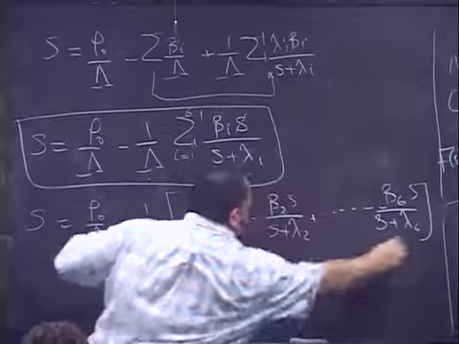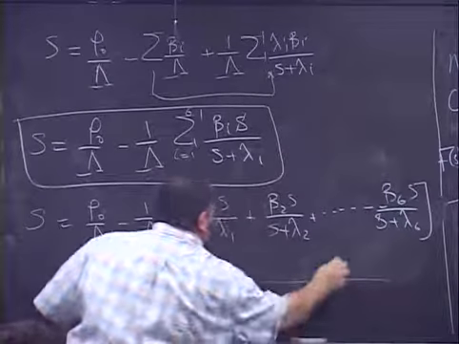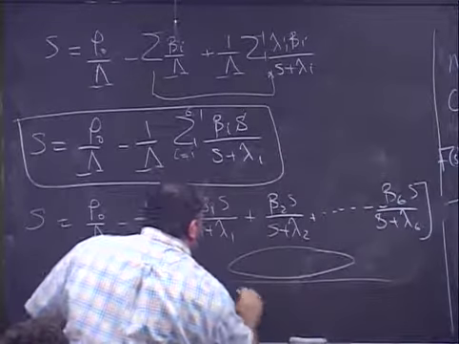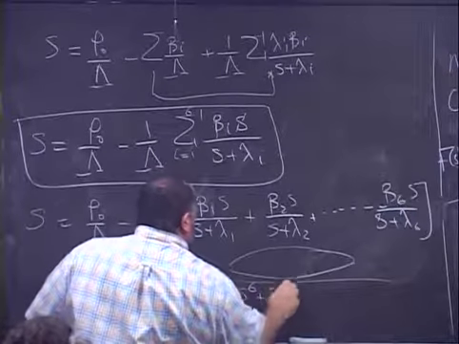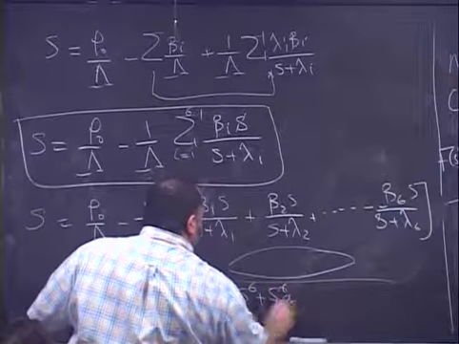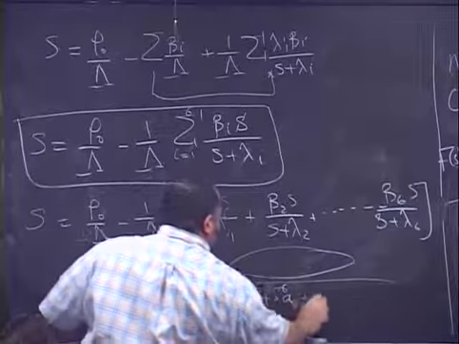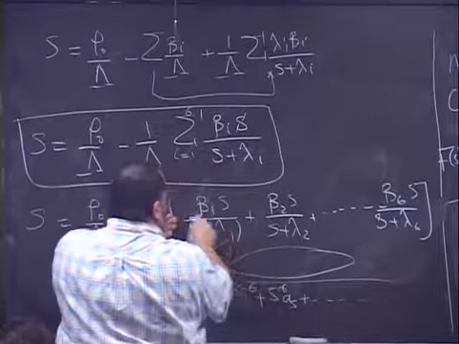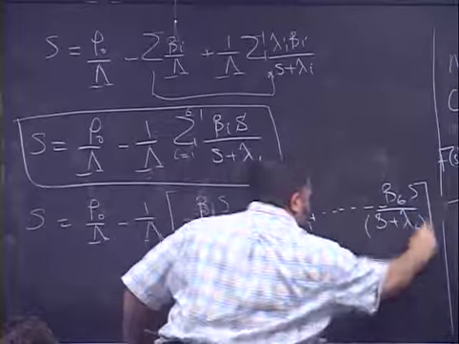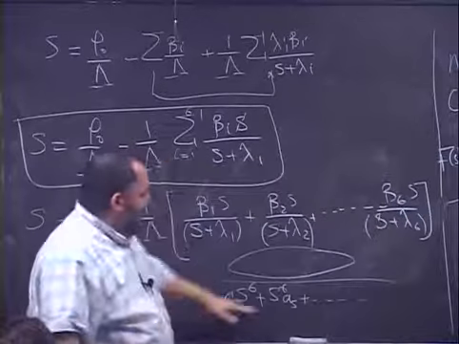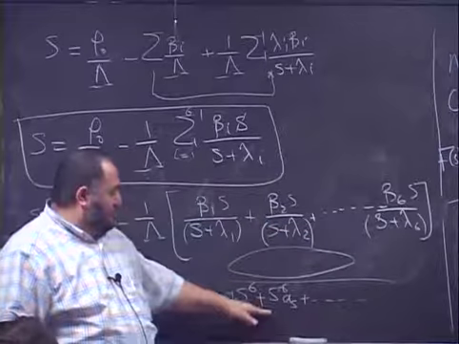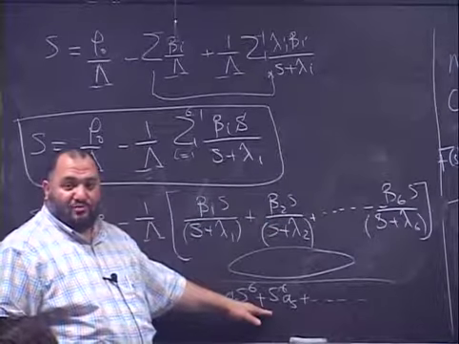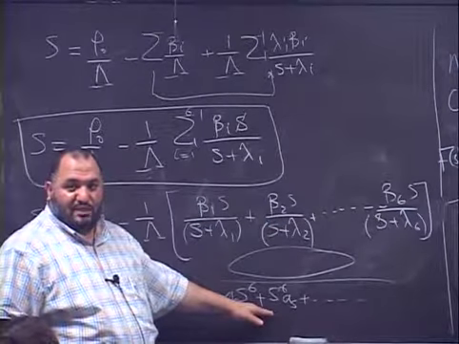To unify this, it will be some expression divided by s to the power of 6 plus s to the power of 5 plus something, because you will have the first multiplied by the second multiplied by all up to the 6th. So if you multiply all those 6 in the denominator, it will give you a 6th-order polynomial.